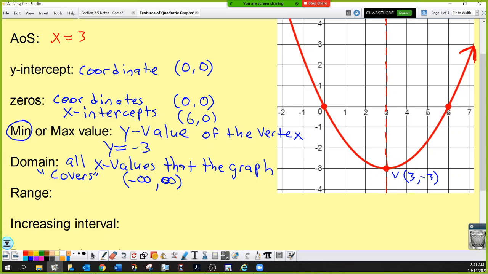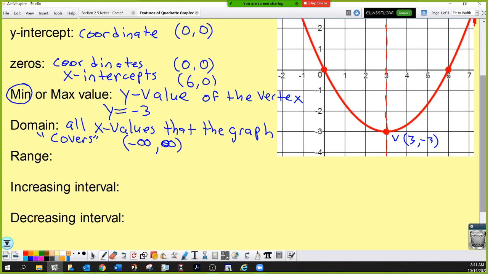Okay, the range is all of the y values that the graph covers. That means if you could grab this thing from the left and the right and smash it flat against the y-axis, what y values does it cover?